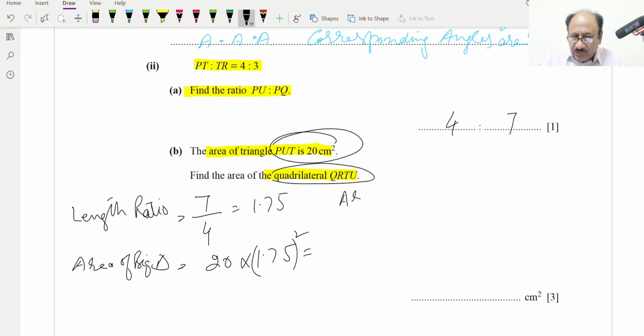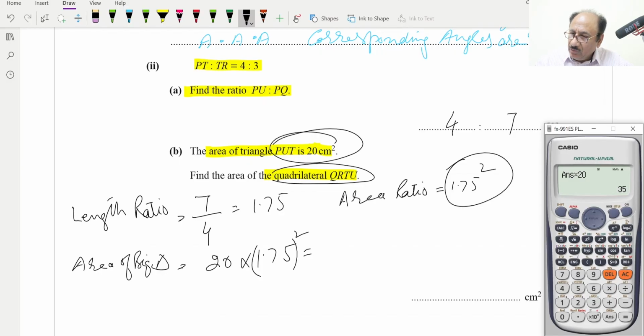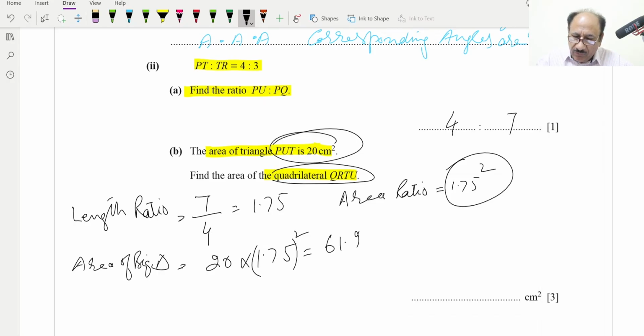So we can write here the area ratio will be equal to 1.75 squared, and using this 1.75 squared, multiplied by 20, this will be equal to 61.25. Now this is the area of the bigger triangle.